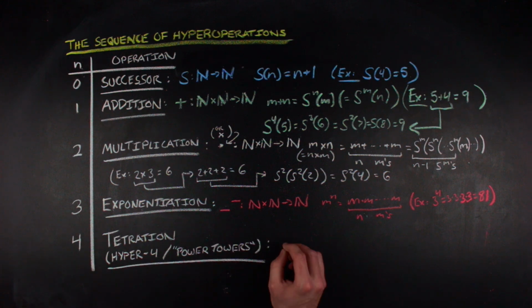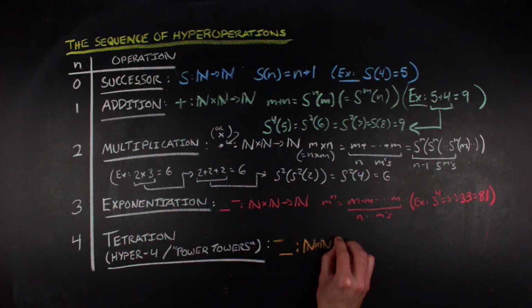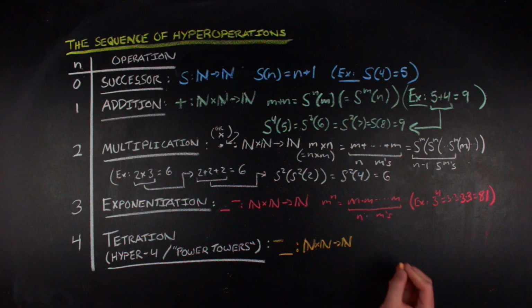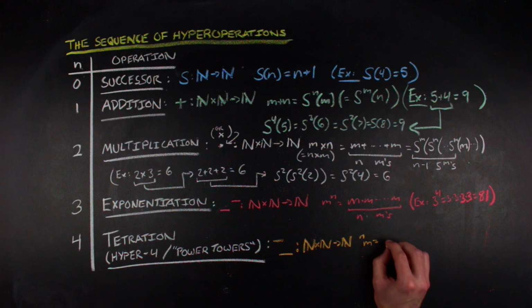I'm going to be writing it throughout this video with this left power notation, where you just have a superscript on the left side of the number that you're applying the tetration operation to. But there are several different types of notation that you can use for this. Tetration is defined as iterated exponentiation.